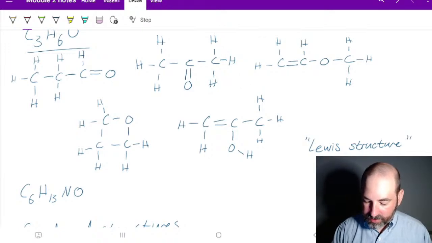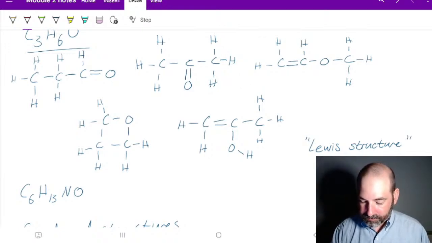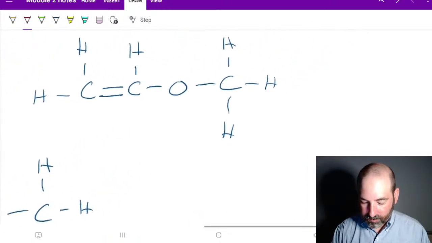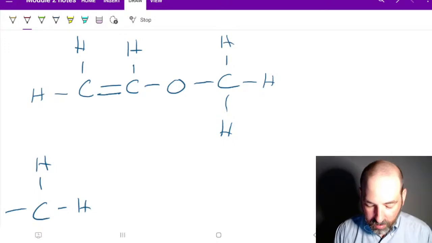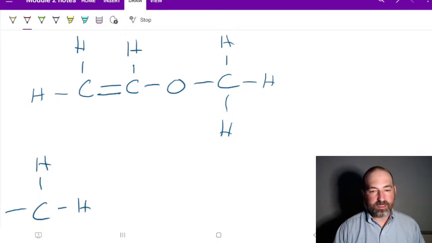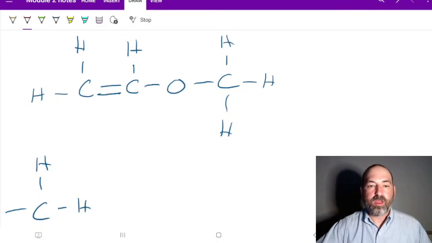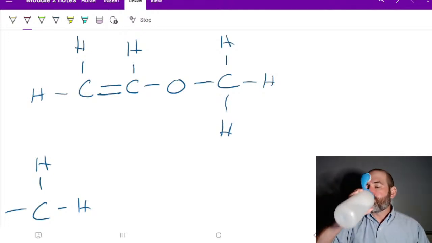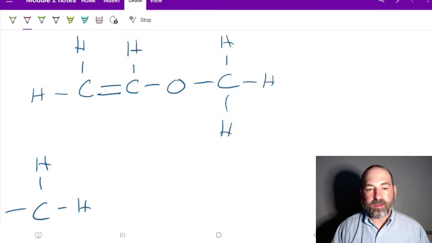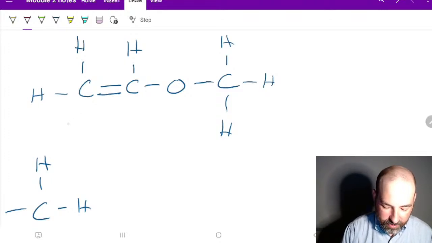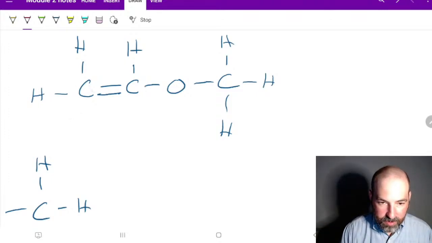All right, so let's look at this one in the upper right. If we wanted to draw a condensed structure for that one, what I always recommend first is leave the basic structure alone and just condense the hydrogens. Then, if you want to actually smush it all together more, you can do that. So if we're just condensing the hydrogens here, you can see that this first one has 2 hydrogens attached to it.